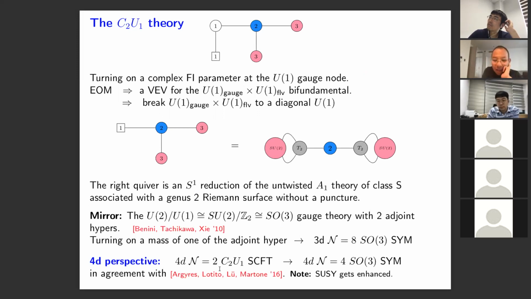This is a rank 1 theory. Maybe I have to take a look, because I don't know whether someone has studied this thing. Maybe some of the audience know.